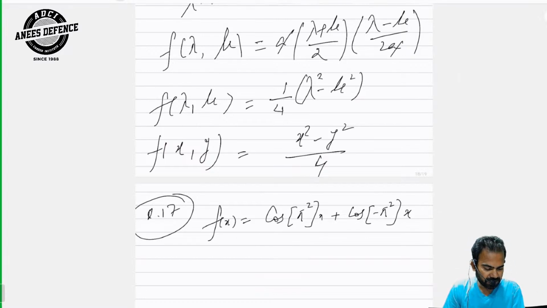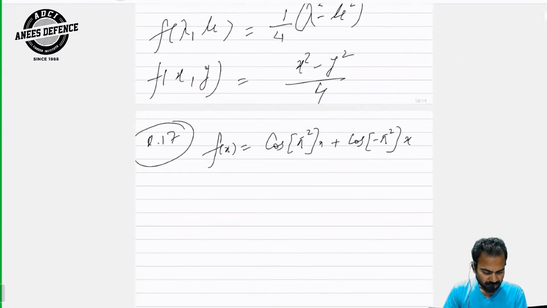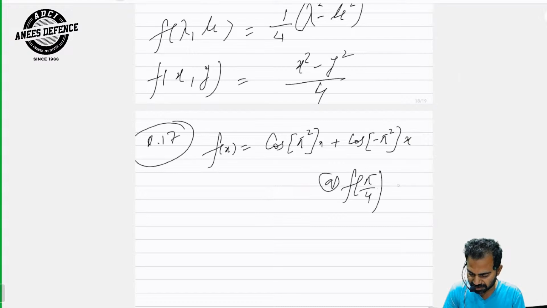Now I have to find, there are 4 options, which one is correct. The first option is f of pi by 4. The second option is f of minus pi.